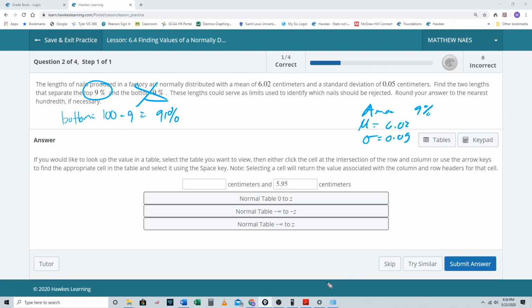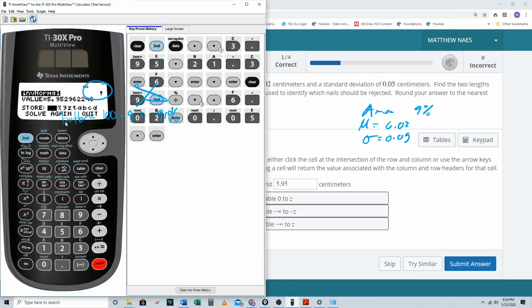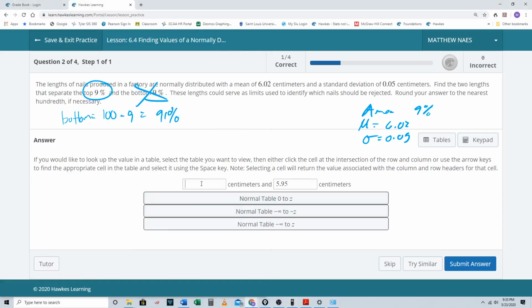So we're going to type that in instead, and that's a real easy fix because we just have to change one number. So go to solve again. Instead of 9%, we're going to type in 91%. Press down. We don't change anything else because we already entered it. Go to calculate. And it gives you 6.087. That's going to round to 6.09. Again, does it matter which order you put this in? No.